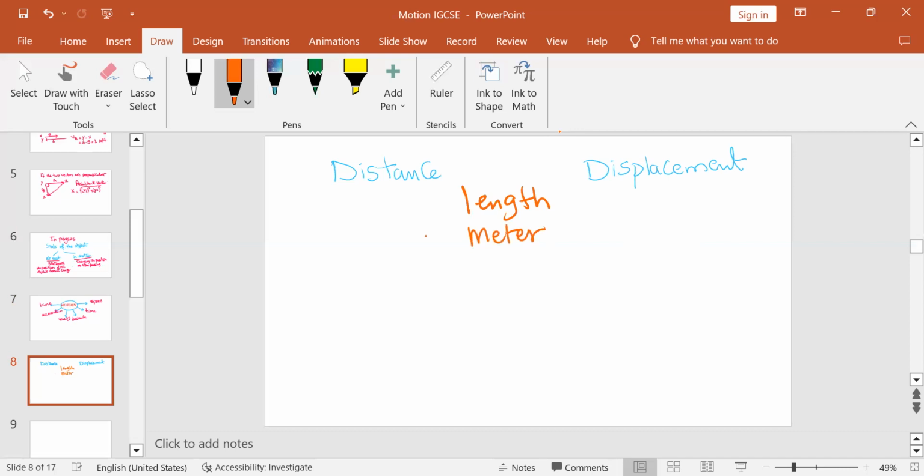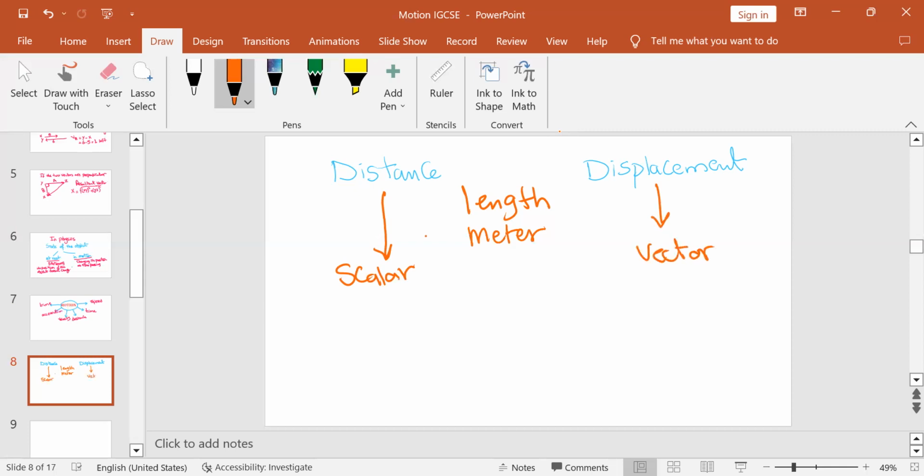Excellent. But which one of them do you think is a scalar defined by its magnitude only, and which is a vector defined by magnitude and direction? Distance is a scalar, and displacement is a vector.